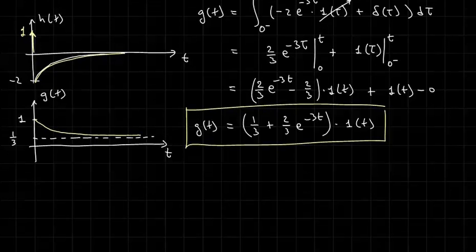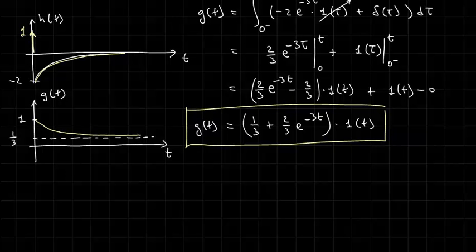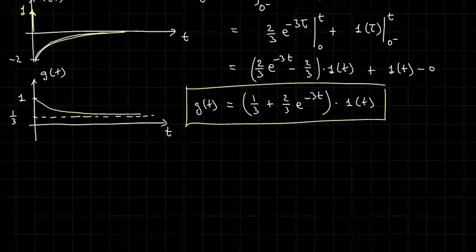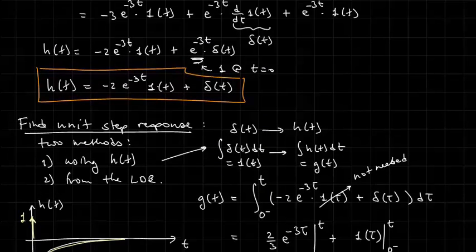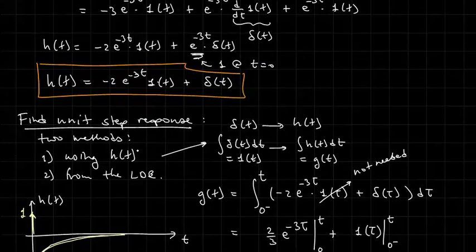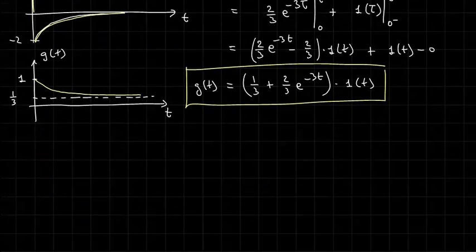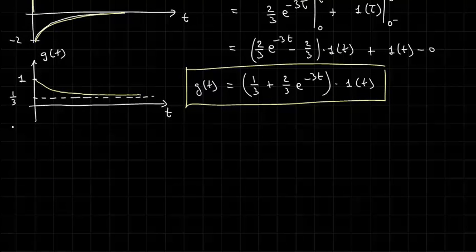Now let's verify our result for the unit step response by solving straight from the LDE. Remember we said two methods: using h of t, and now using the LDE. So method 2, g of t from the LDE.